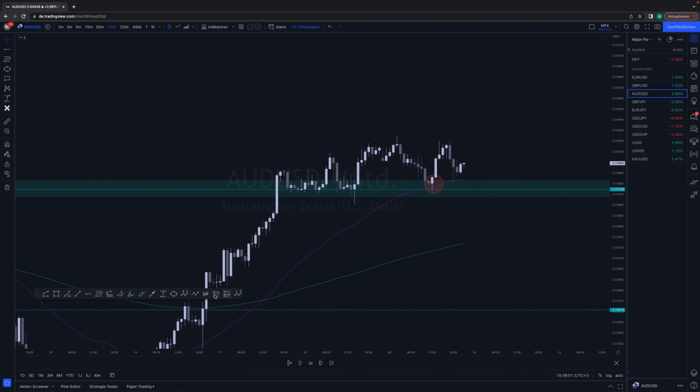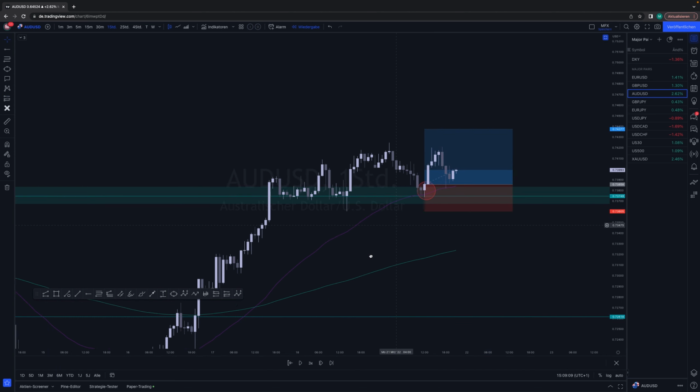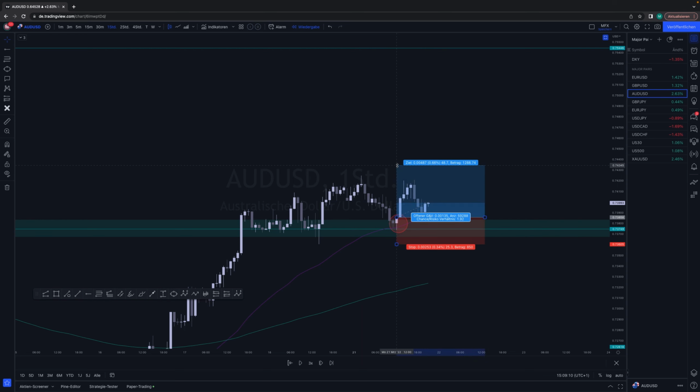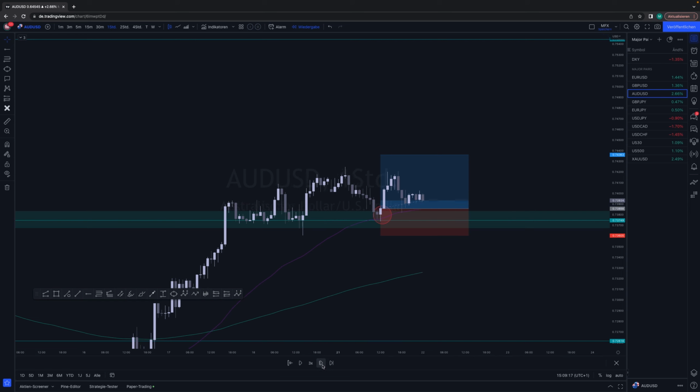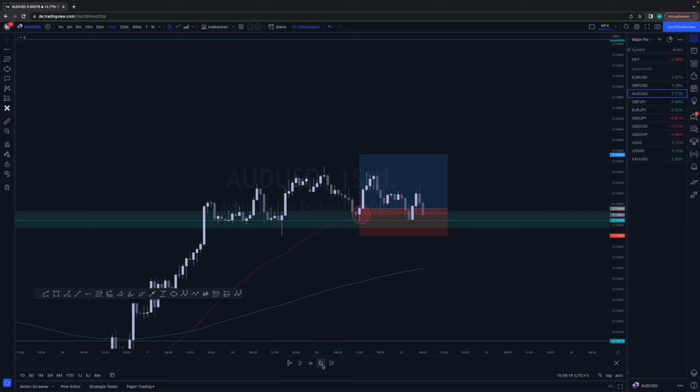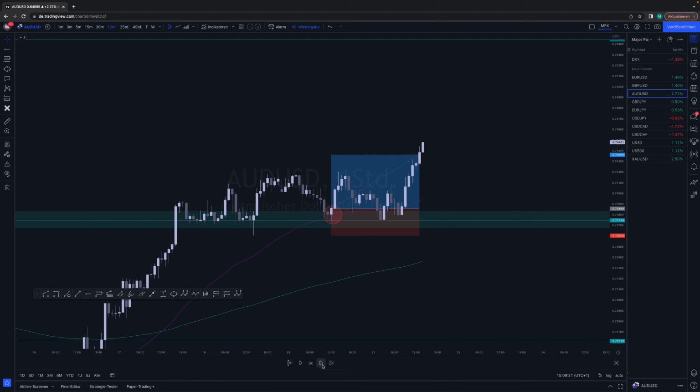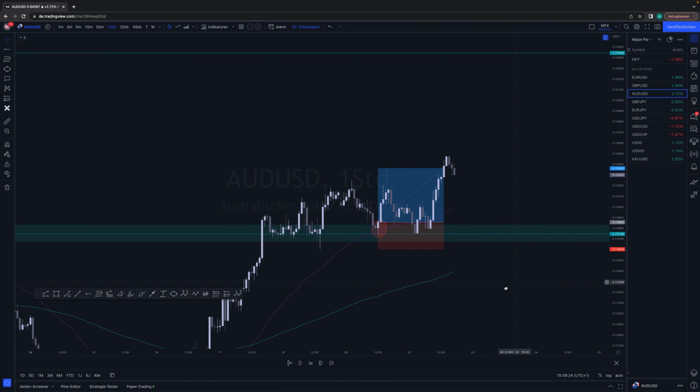So when I put my buy in here, my stop goes underneath this low, and I'm targeting about a 1 to 2. So let's play this out a little bit and see what happens. The market shoots up, hits my take profit.